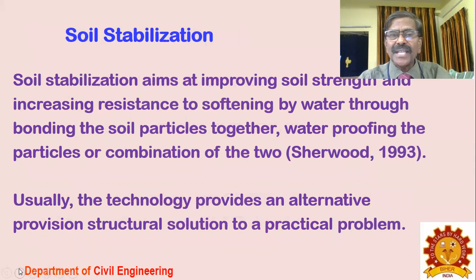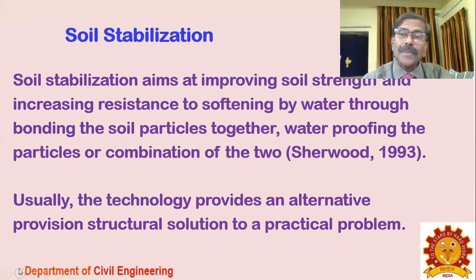Soil stabilization aims at improving soil strength and increasing resistance to softening by water through bonding of the soil particles together, waterproofing the particles, or a combination of the two. Usually, the technology provides an alternative to structural solutions to practical problems. What Sherwood 1993 identified was that when there are moisture variations in the soil, the compaction of the soil also changes.